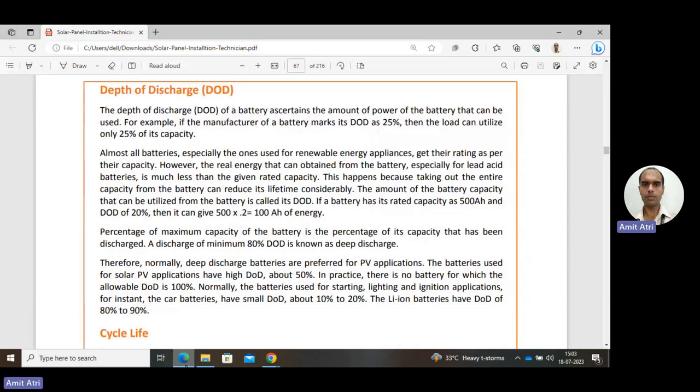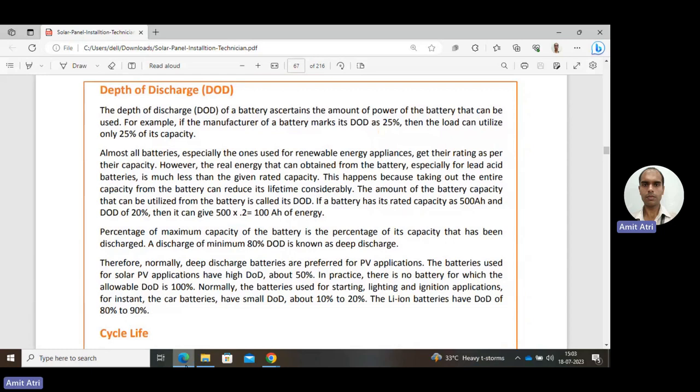Almost all batteries, in case of renewable energy appliances, get their rating as per their capacity. However, the real energy that can be obtained from the battery, more specifically for lead acid battery, is much less than the given rated capacity.